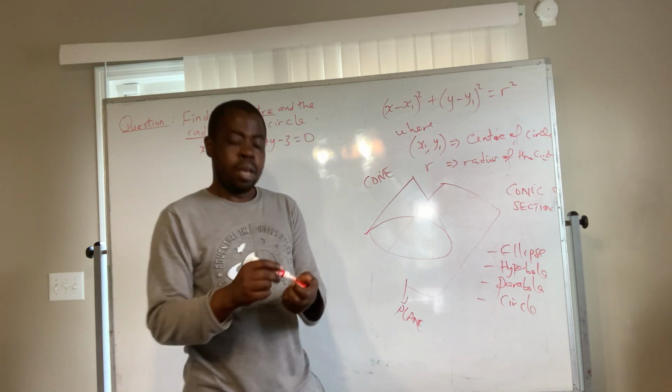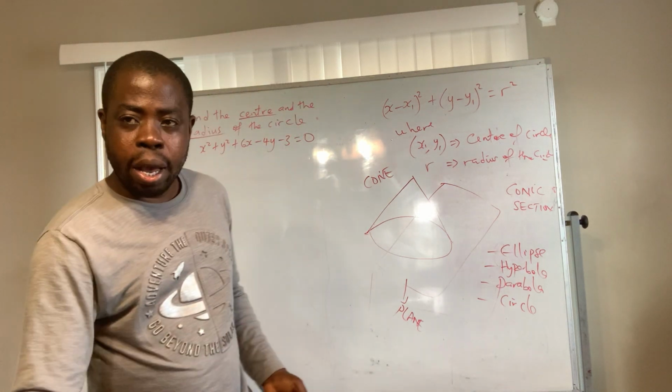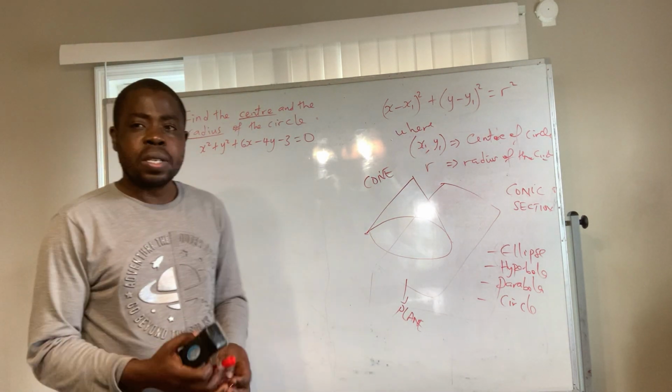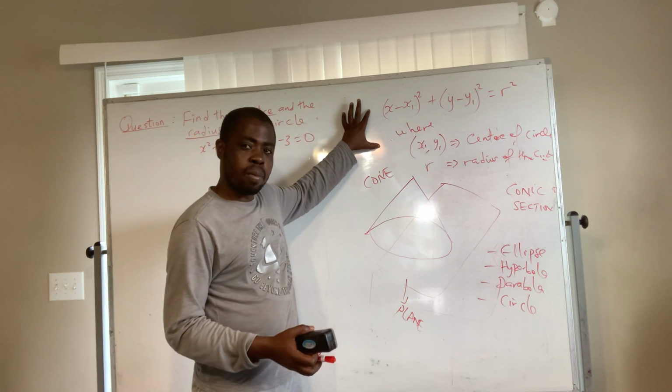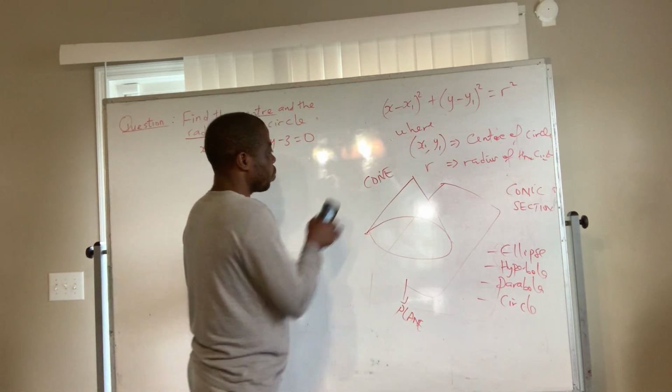So once again, a circle is a conic section, and it's represented this way, in standard form. Okay?